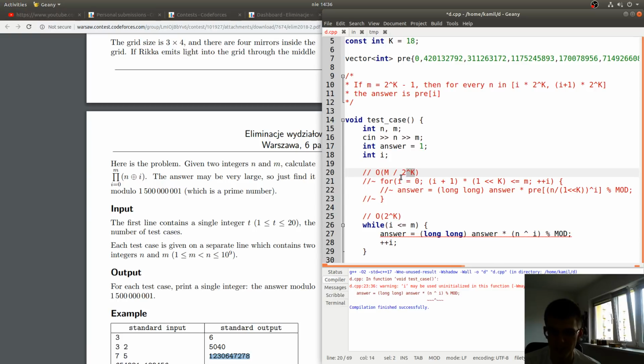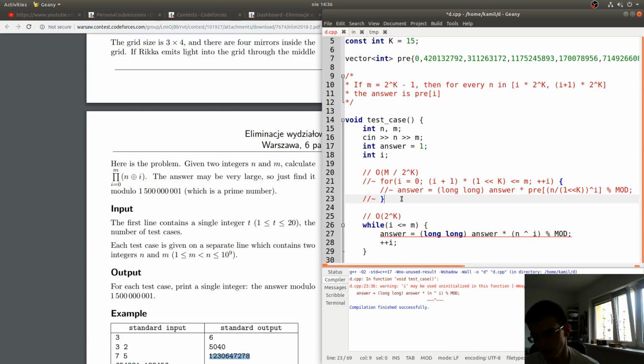Then it suggests that we should use 2 power k equal to square root of 1 billion. So for k equal to 15, this part would have complexity 1 billion divided by 2 power 15, so something around 2 power 15 itself, something like 30,000, and the same here. So it would be quite fast.